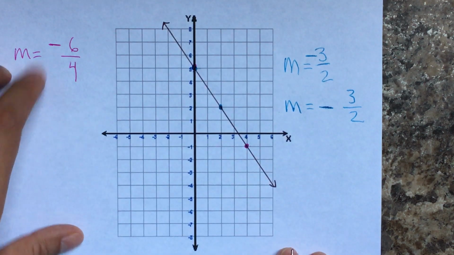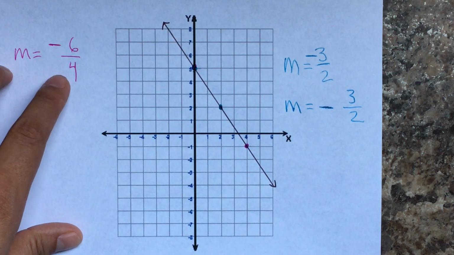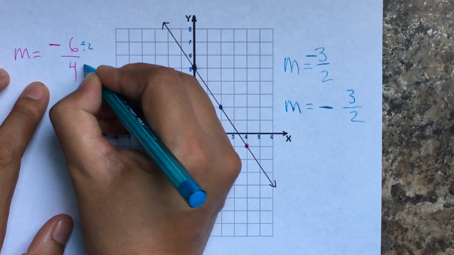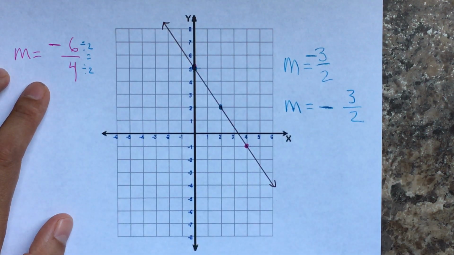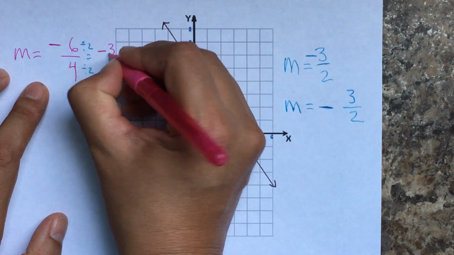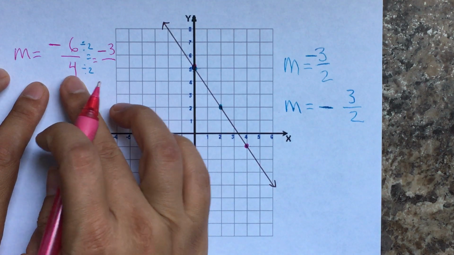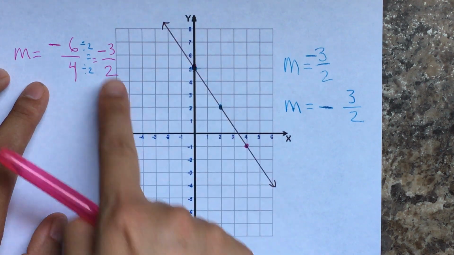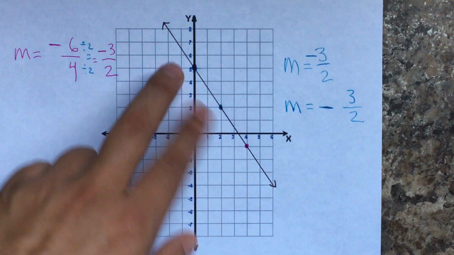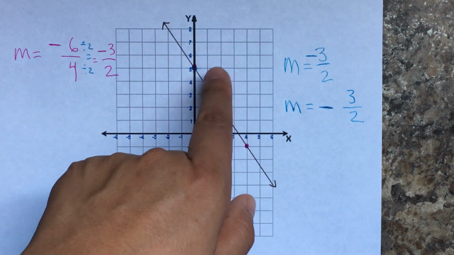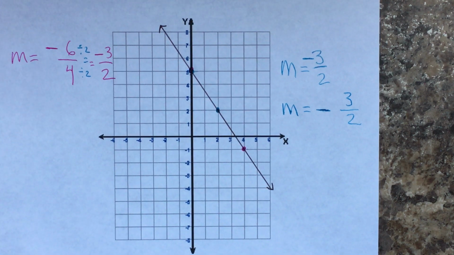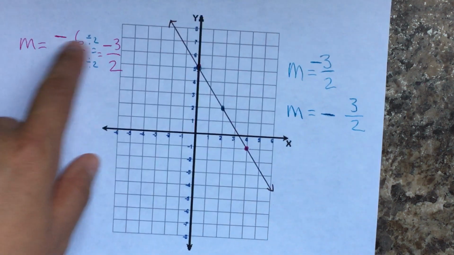Okay, in this case 6 cannot be divided by 4, but both are divisible by 2. Both can be divided by the number 2. So negative 6 divided by 2 is negative 3. 4 divided by 2 is 2, and you can see that you get the same answer. Okay, so it doesn't matter which 2 points you choose, as long as they're right in the middle of a cross or a T, and then you just simplify or divide.